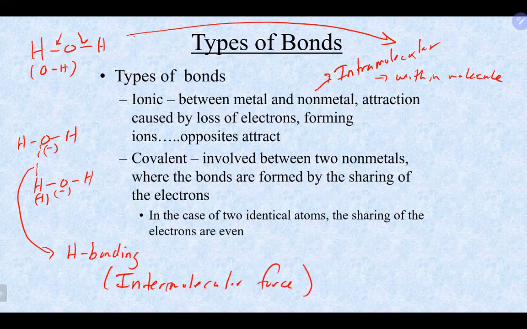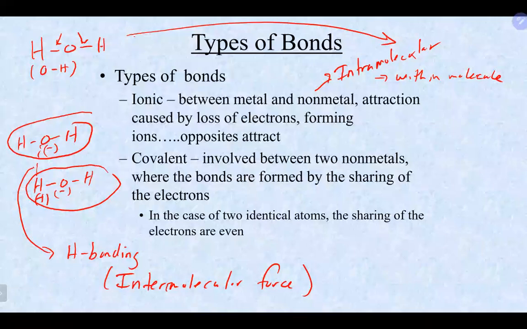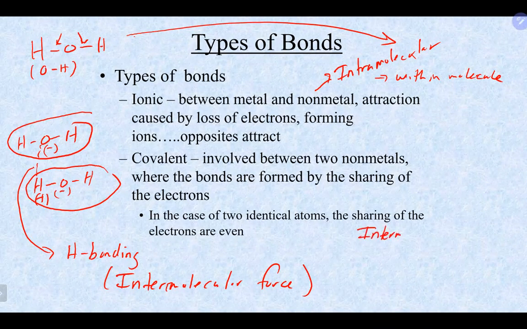So the bond that holds between this entire water molecule and another is an intermolecular force. In this particular case, this is what is known as hydrogen bonding, which is a relatively strong intermolecular force. In terms of intermolecular forces, there are really a few different types.